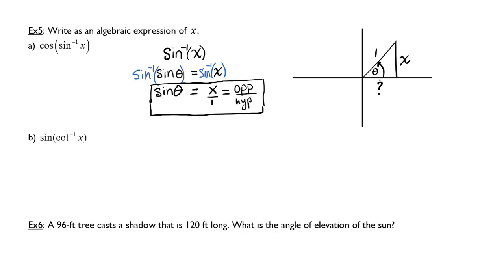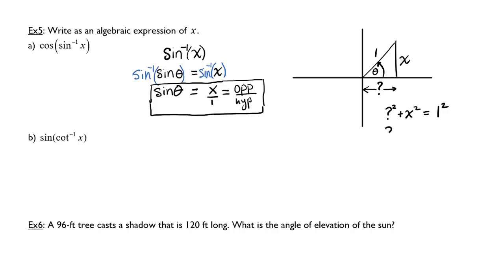So let's say I want to find this question mark, this side that we don't know the length of. Well, I know that I have a side, and a hypotenuse of 1, which means I can write this as question mark squared plus x squared equals 1 squared, the Pythagorean theorem.